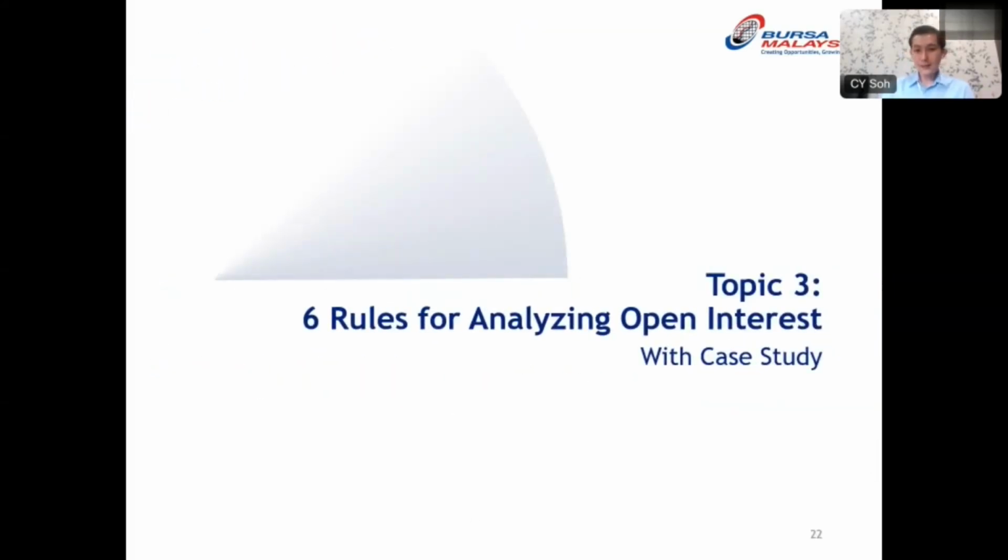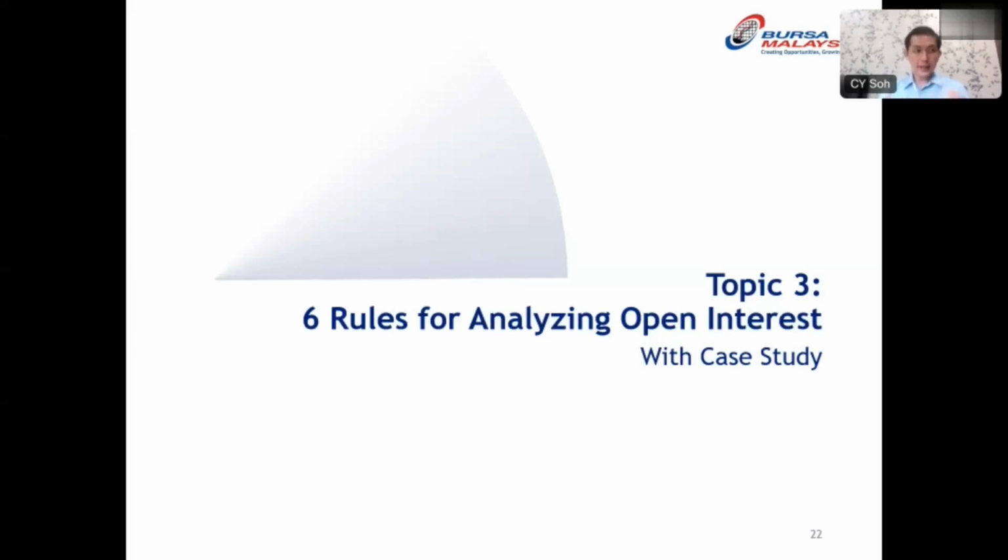Now, thirdly, now that you already know what open interest is, the mechanism of it, and the basic interpretation, we are going to apply this concept with some examples. So here, there are 6 ways you can analyze open interest. Of course, when it comes to interpretation, it will be subjective. Interpretation is an art.